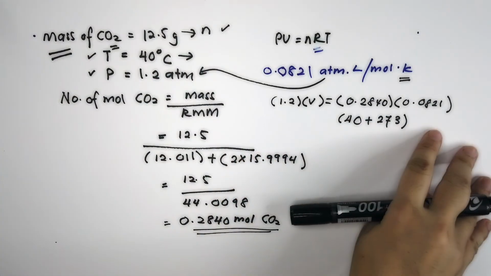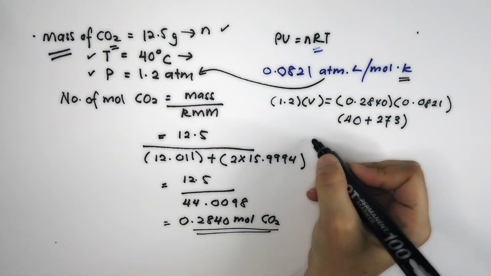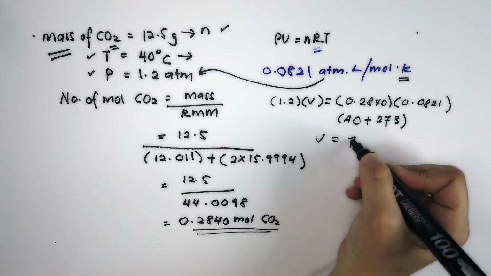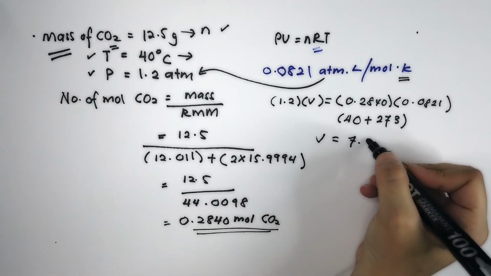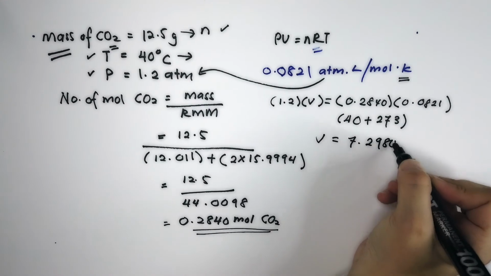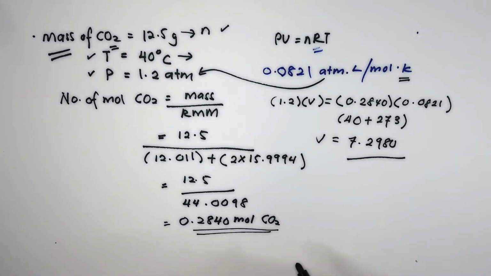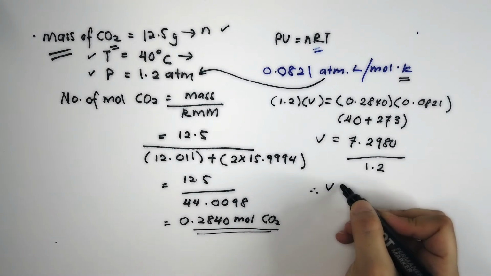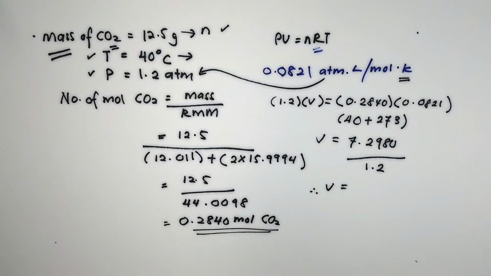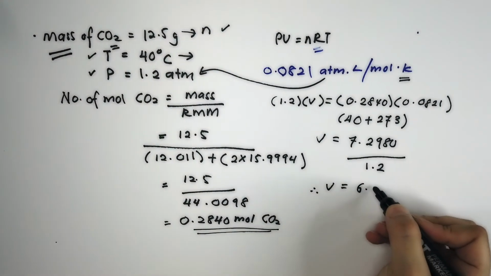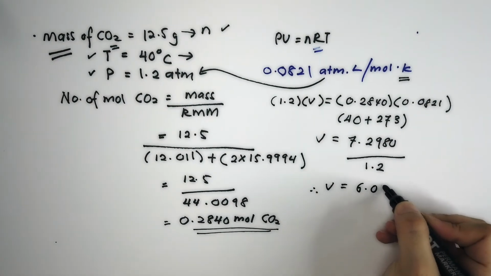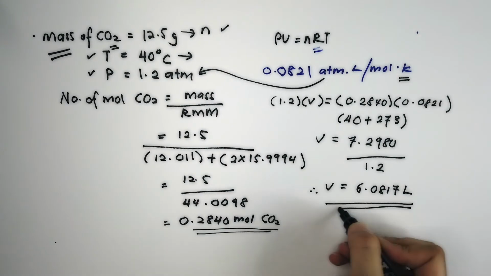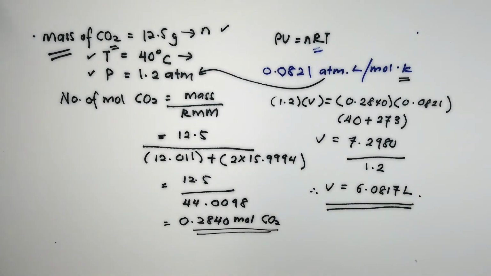So from here, you shall get V equivalent to 7.02980 divided by 1.2. Therefore, you should get the volume for carbon dioxide shall be 6.0817 liter. So this is the final answer for the first question.